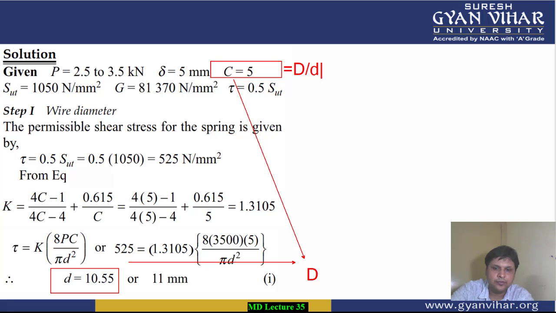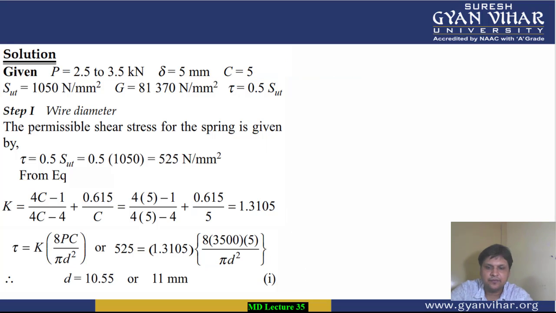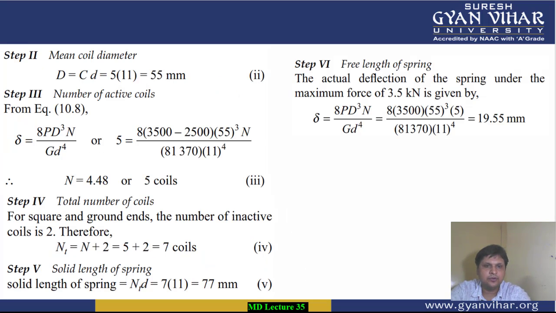So putting the values, capital D divided by small d is equal to 11, and this is equal to 5, which means capital D will be equal to 5 into 11, 55. So as I have told you, C into d will give you the value of mean coil diameter as 55.